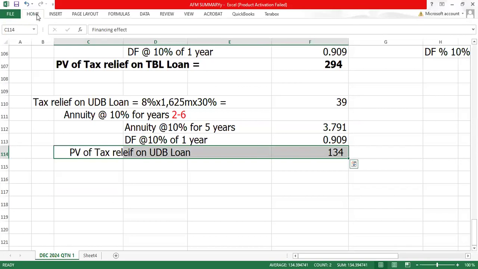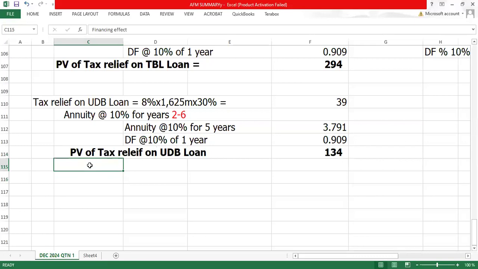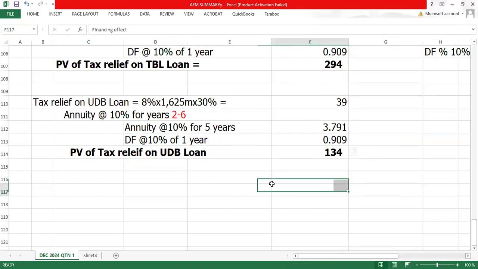So what you need to know is, when am I going to claim my tax? Is it in arrears, or is it in the same year? If it is in the year you make profits, then you don't need to look at this thing of adding another 1 year.